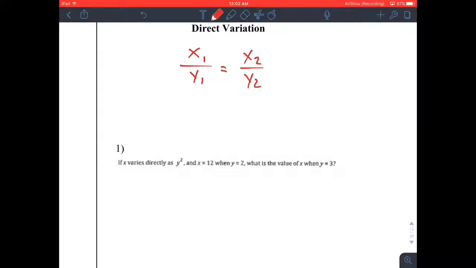All right, so example 1. X varies directly as y squared. Well, we can simply write that as x over y squared. And x equals 12 when y is 2.